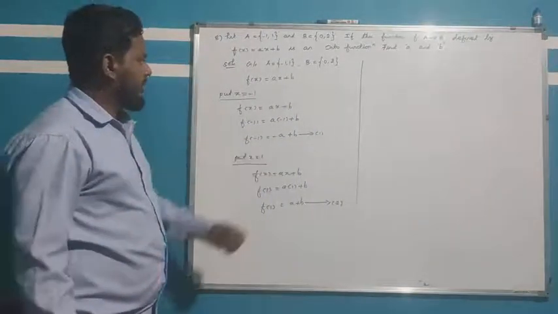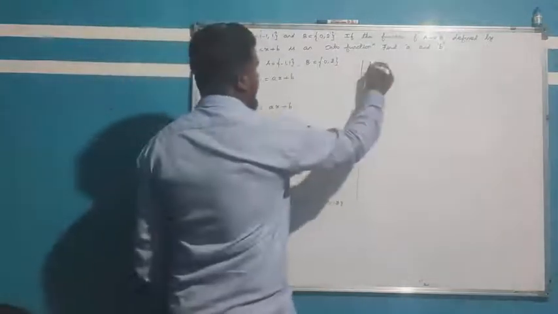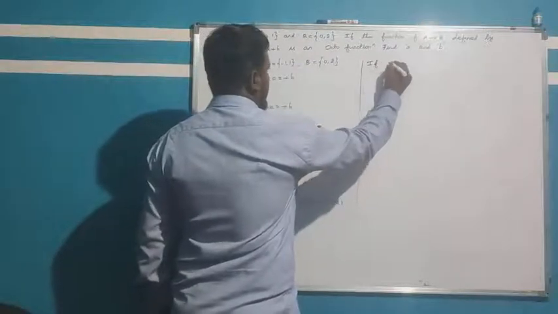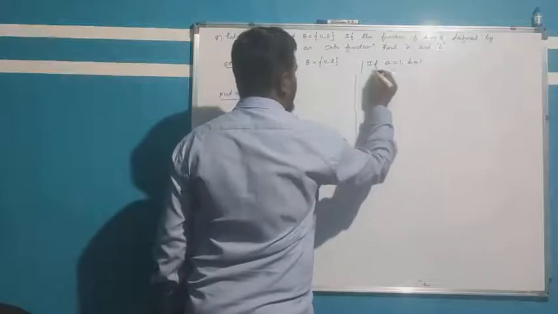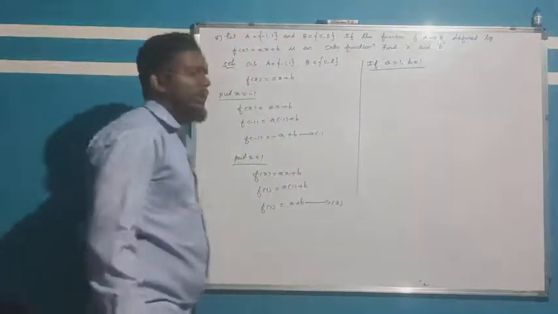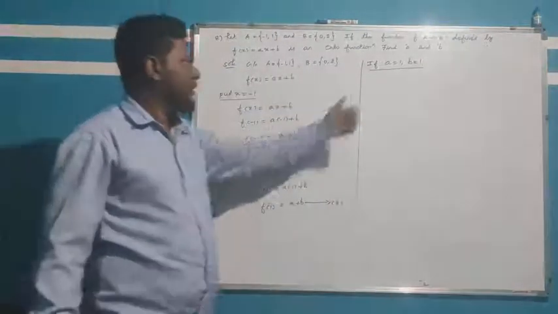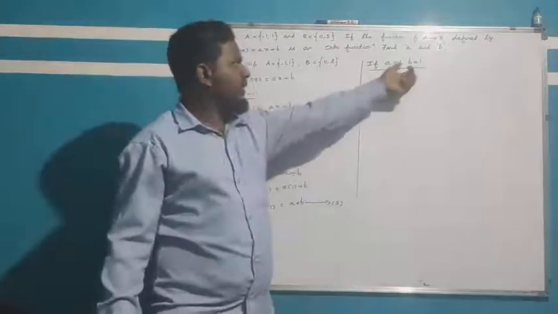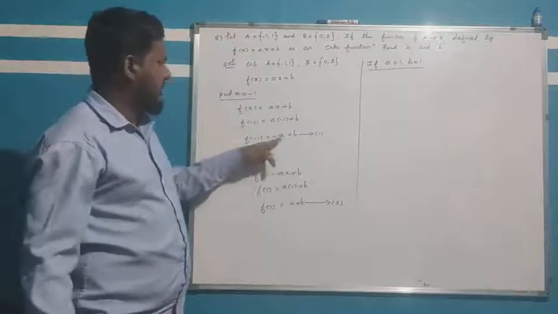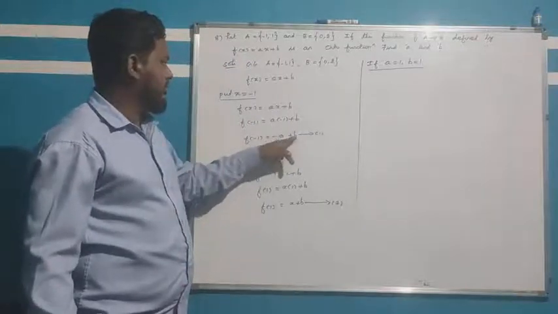Now if we take a = 1, b = 1, this is our assumption. Substituting the a value 1 and b value 1, we get the codomain.